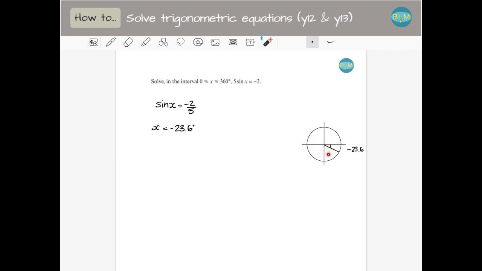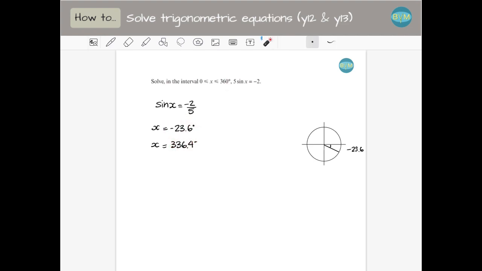So it is 360 minus 23.6, which is 336.4 degrees. I'm doing 1 decimal place; I think 1 decimal place, three significant figures, is a good rounding for angles. So this is your first solution, which really is this one, but written in your interval.